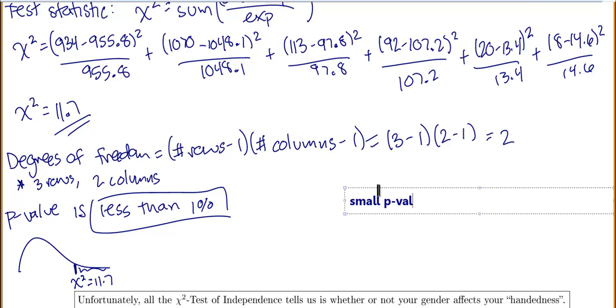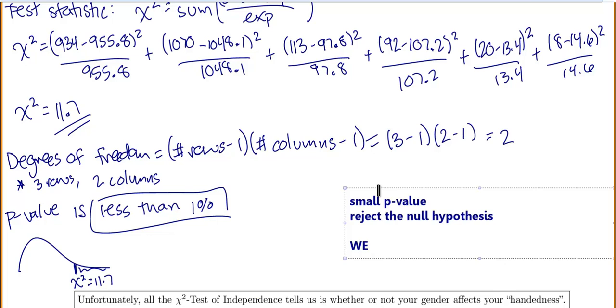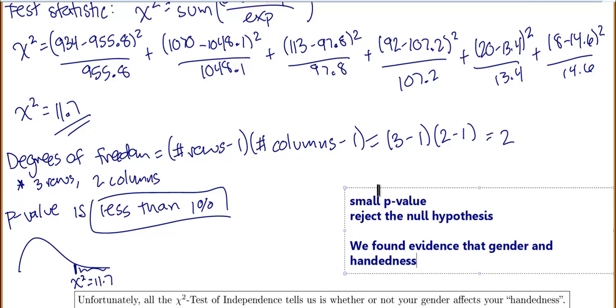So that is a small p-value, and so we will reject the null hypothesis. So we found evidence that gender and handedness are dependent, or in other words, they affect each other.